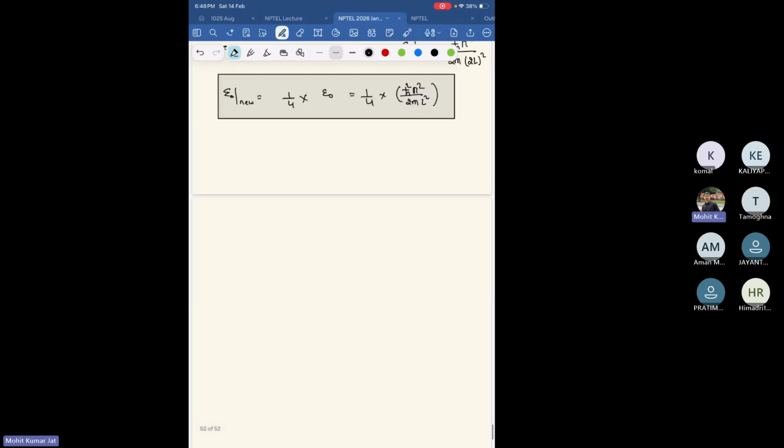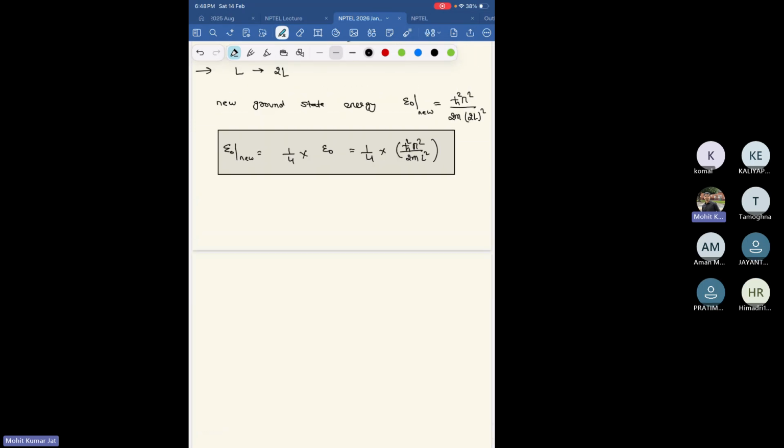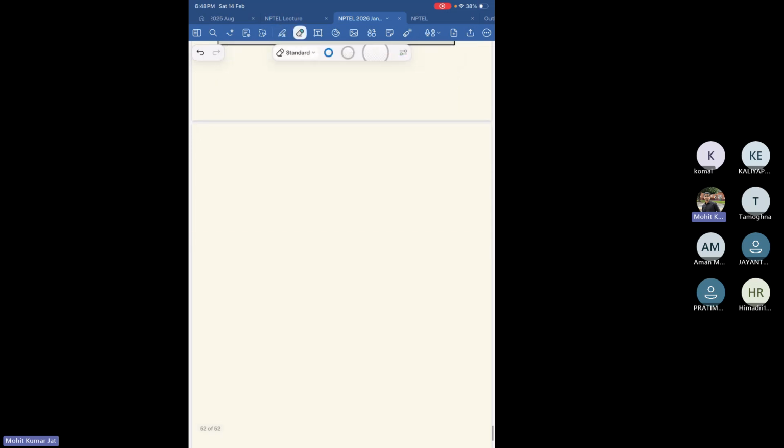Now comes the first excited state energy. That will be n square pi square h bar square by 2m, instead of L it will be 2L square, and for the first excited state n equals 2.